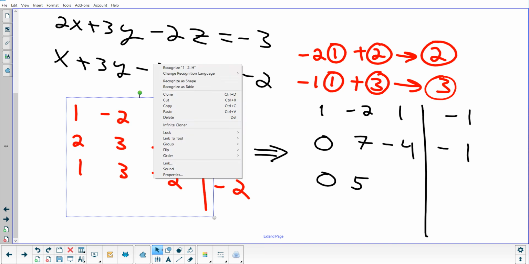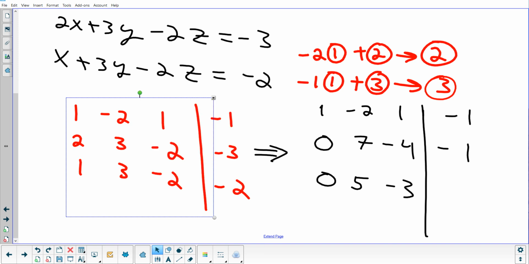Plus -2? -3. And -1 times -1? Minus 2. -1. Okay. Any questions on that first step?